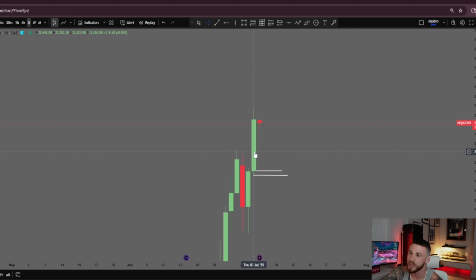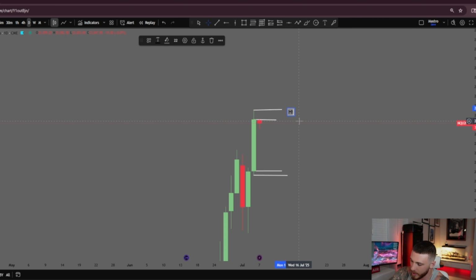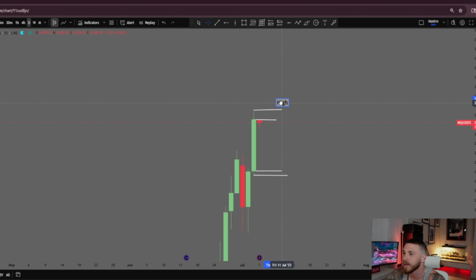Buyers pushed the price all the way up to here. And then price comes down and closes right here, which is the top of the body. Same example. Here we go. This would be the high, the top wick.